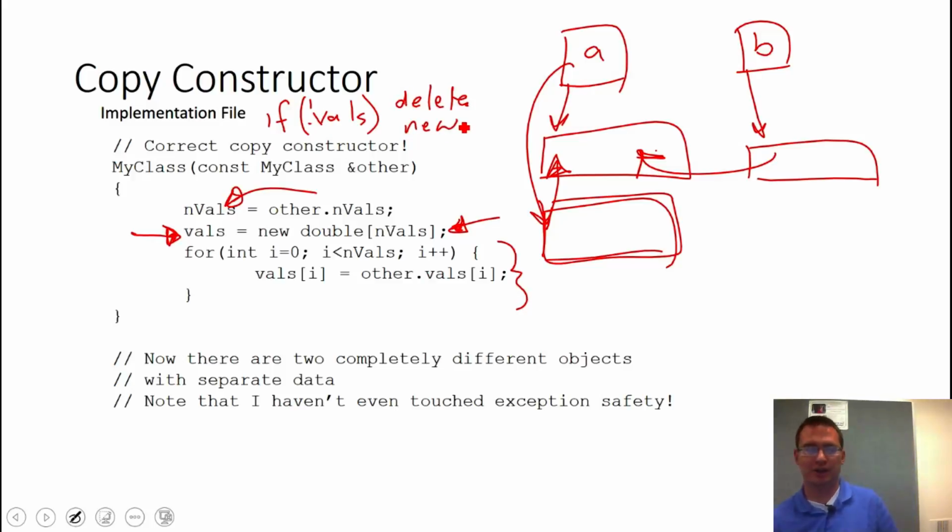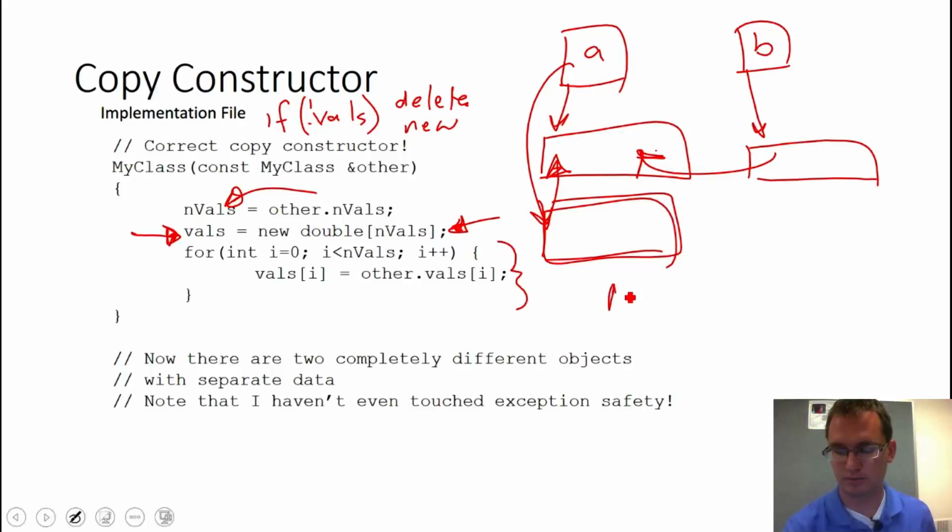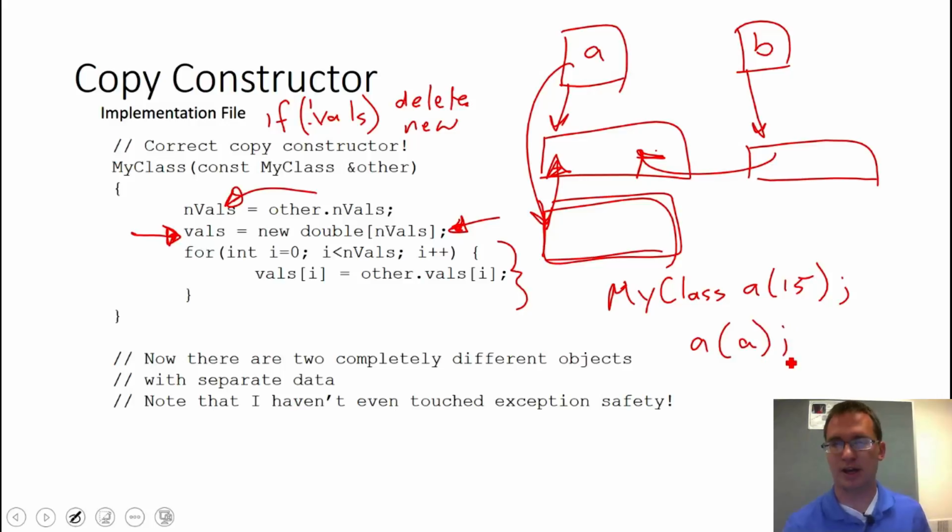Okay, and you can get fancier with that kind of stuff. Another good check is check for self-assignment. What if I'd done something like this? We have A here, and then we're going to say A equals A. That's kind of ridiculous, but it can happen in situations.